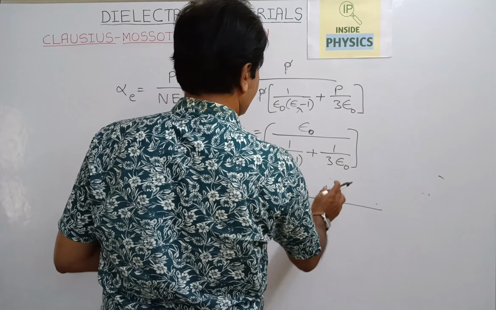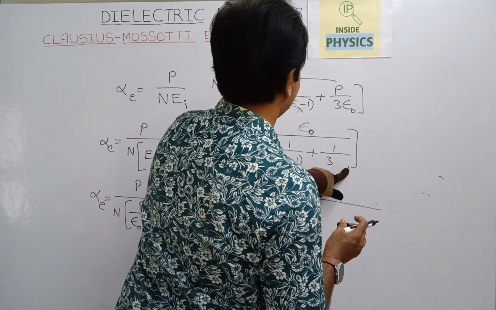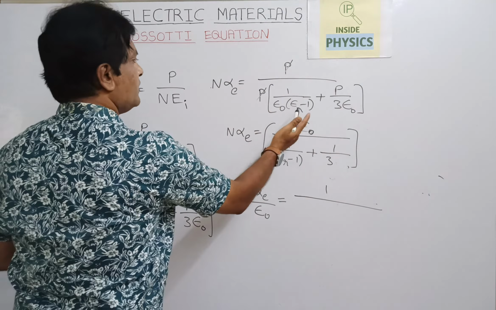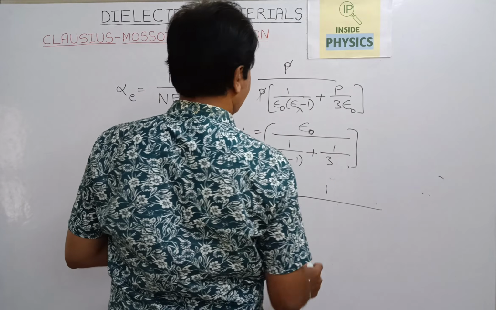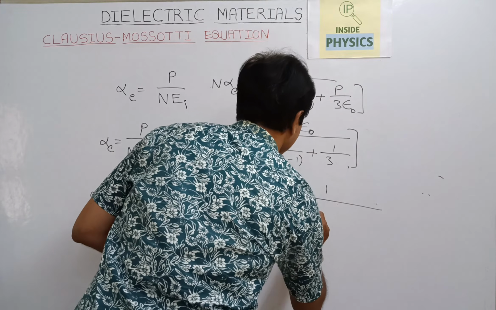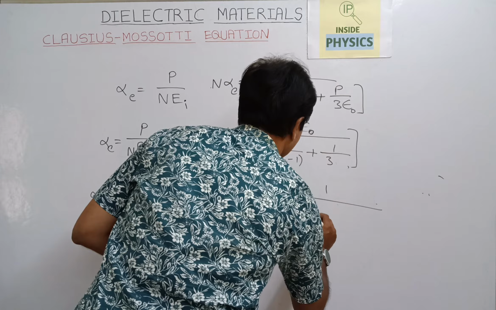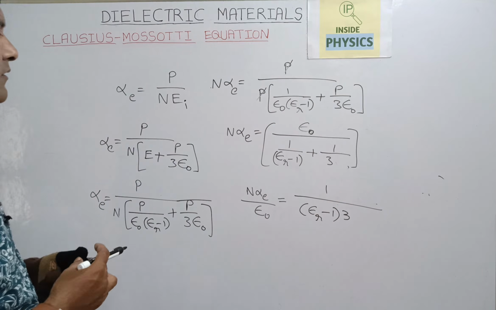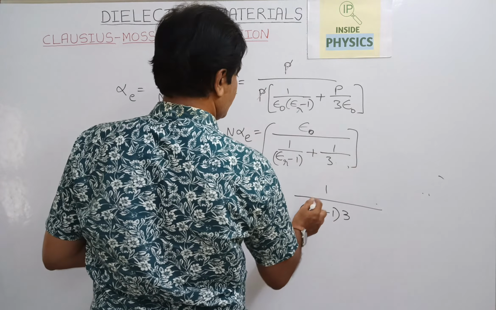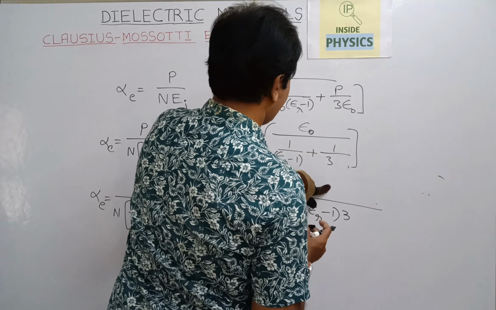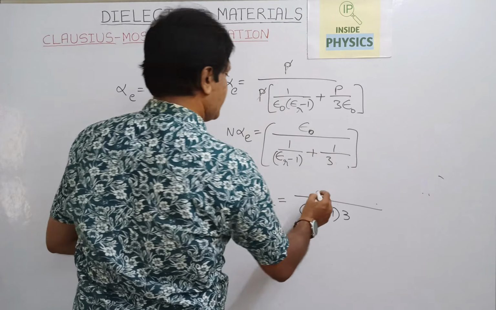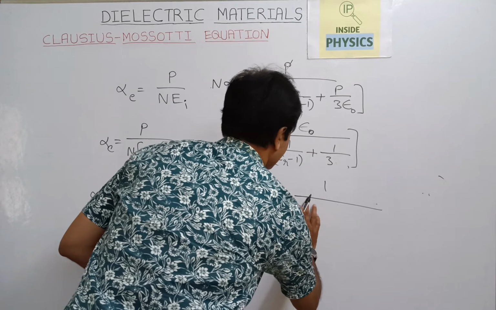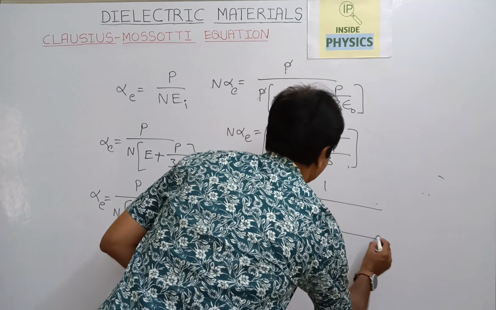If we take the LCM, epsilon naught is also moved outside, right? So 1 by 3. The common factor is the LCM I have taken. Here, after taking the common factor, just observe, I need to write into the denominator. First of all, I will take the LCM.